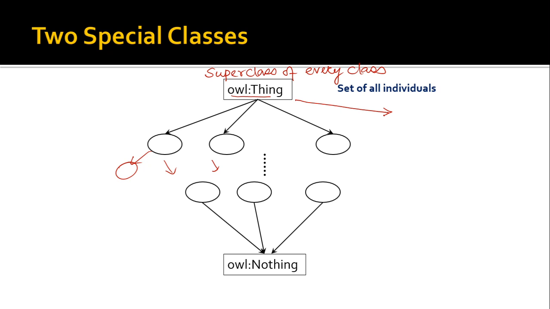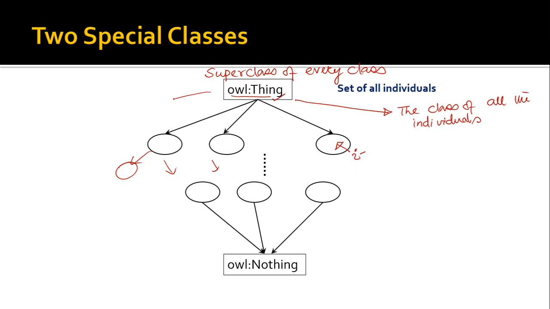So this thing class is the class of all the individuals. For example, if you say that a particular individual I belongs to this class, then by the rule of transitivity and the subclass property, we can infer this I to be an instance of this class also, right?